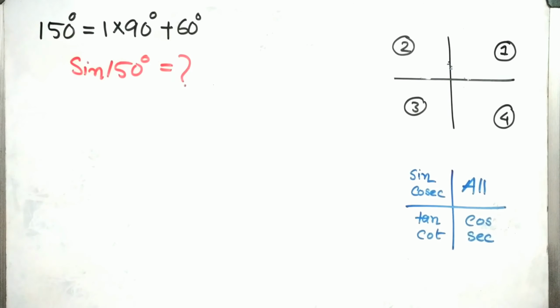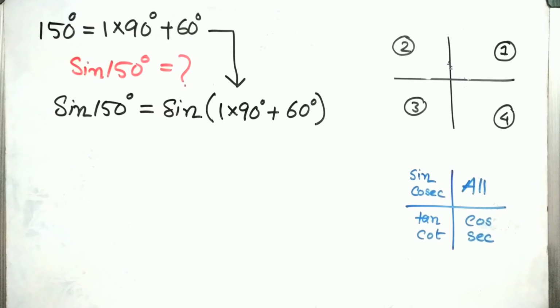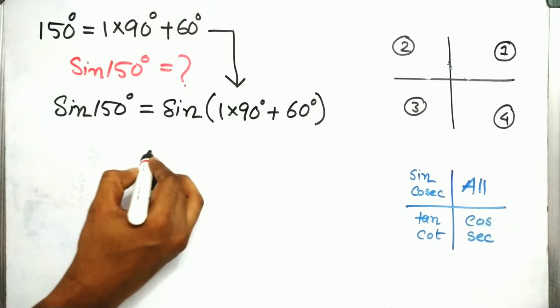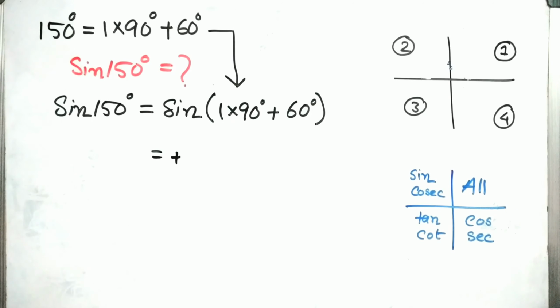Now let's find what is sine 150 degree. So using our previous calculation we can say that sine 150 degree is equal to sine of 1 into 90 degree plus 60 degree. Now students, watch it carefully, because 150 degree is in the second quadrant, and in second quadrant sine theta is positive, so we will write positive sign over here.